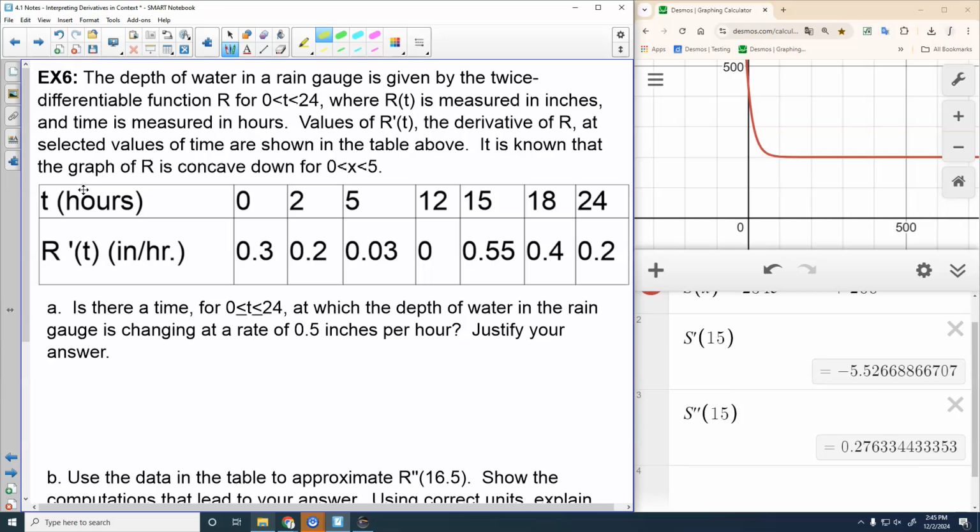We're doing the rate of change of the rain. That's R prime. We know R prime of t is 0.5. What should we use for that? You would be correct if they had given us the table for R of t.